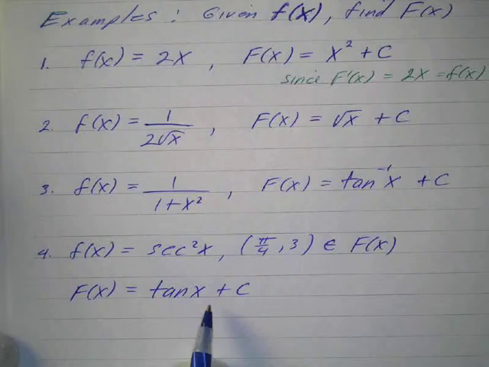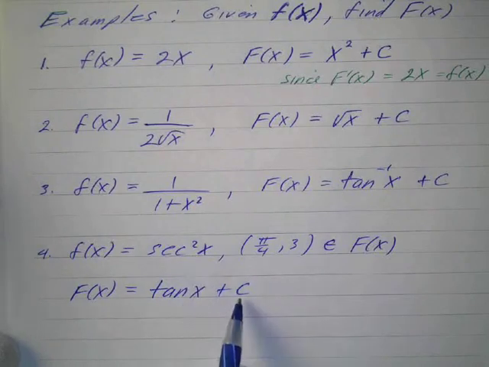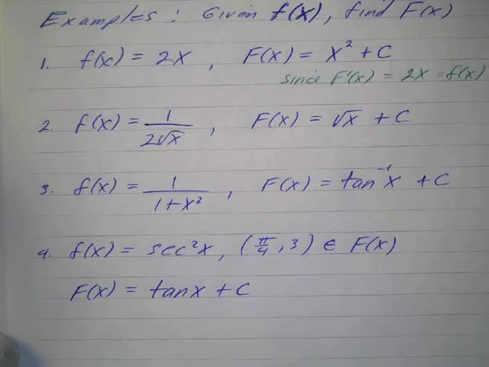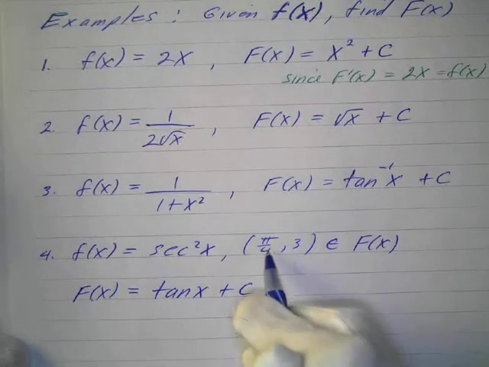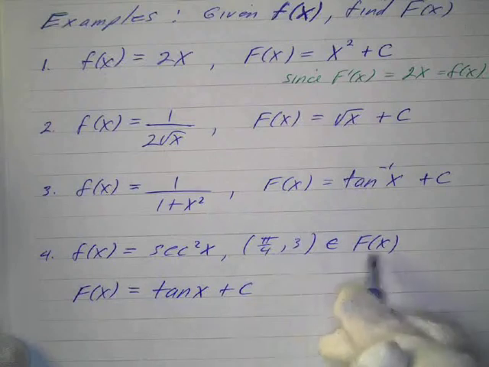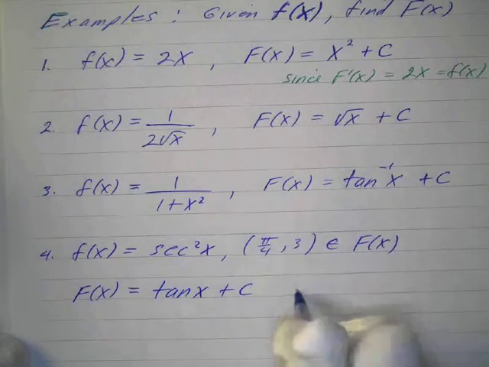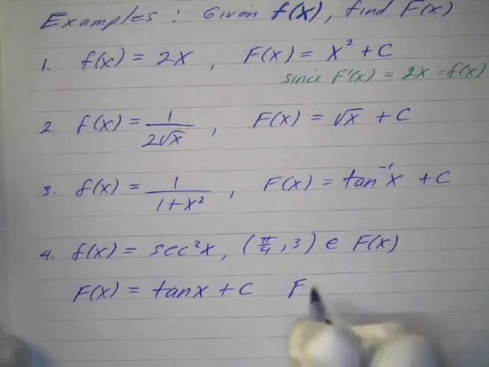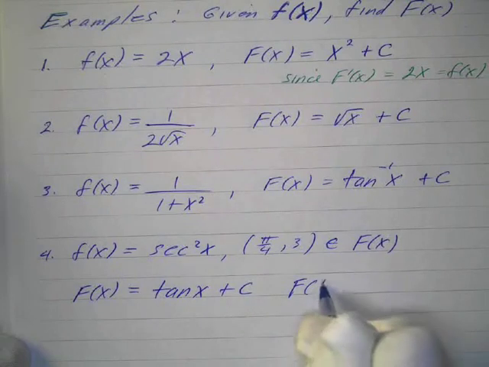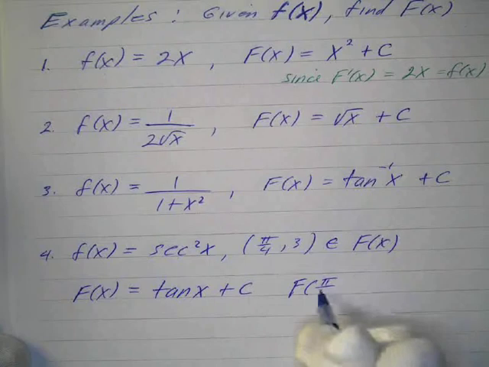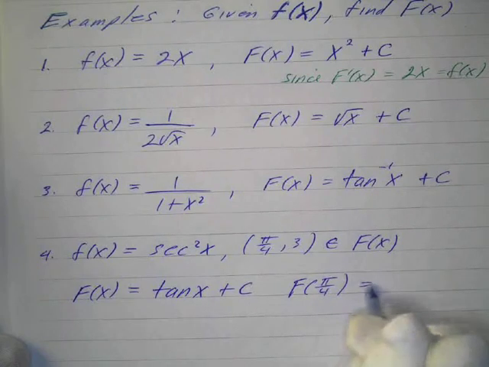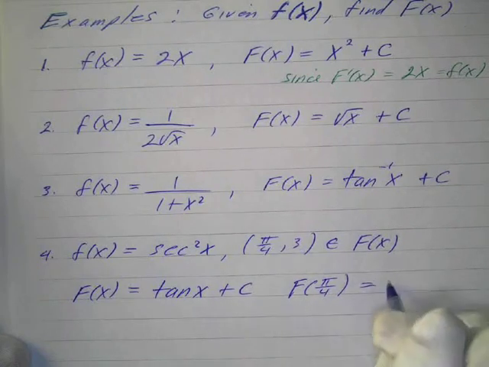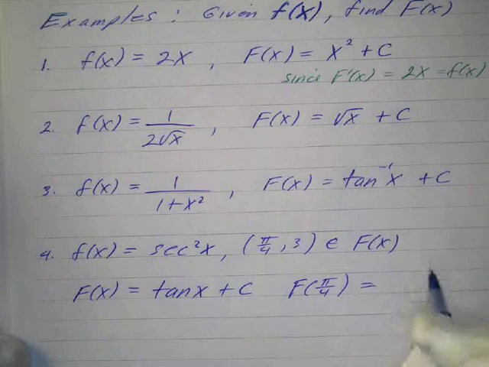So take the derivative of this. If you take the derivative of the tangent, what do you get? Secant squared. If you take the derivative of c, what do you get? 0. So that works, that checks. That's really easy to check. But we know that since the point pi over 4, 3 belongs to F of x, then we know that capital F of pi over 4 equals 3.